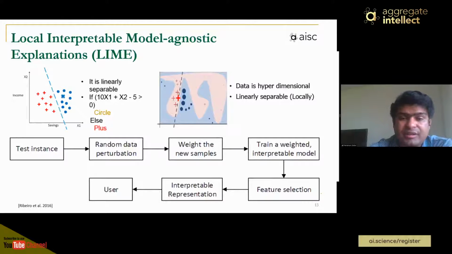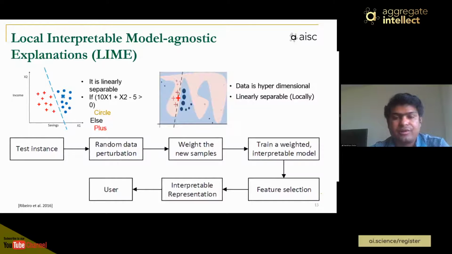For one instance, it can generate multiple explanations, because it is generating synthetic data based on random perturbation. Since it generates synthetic data randomly, the dataset changes each time you execute this algorithm.